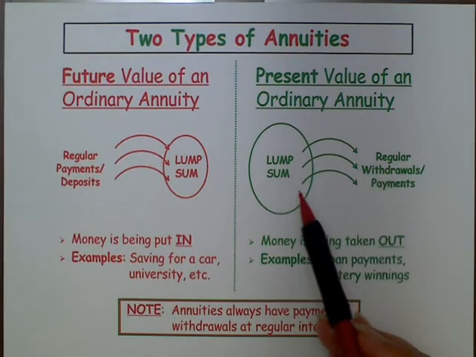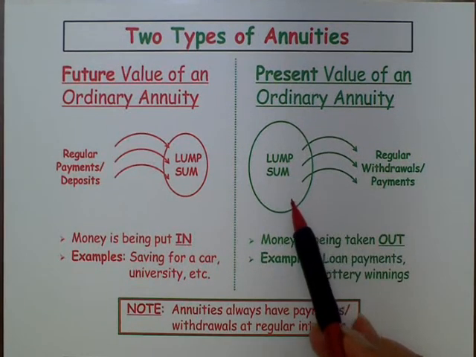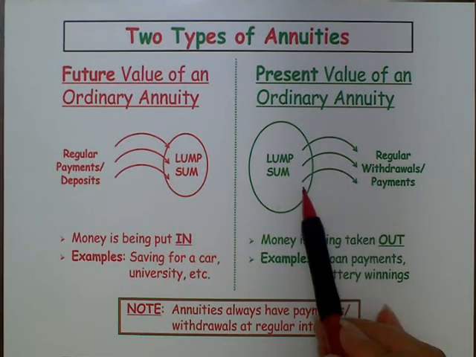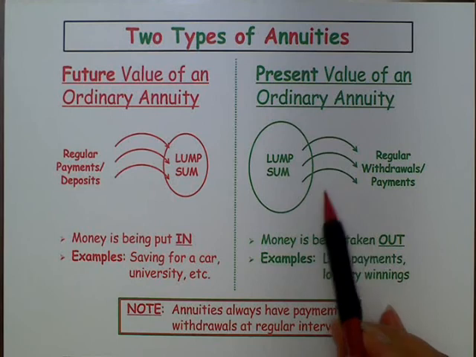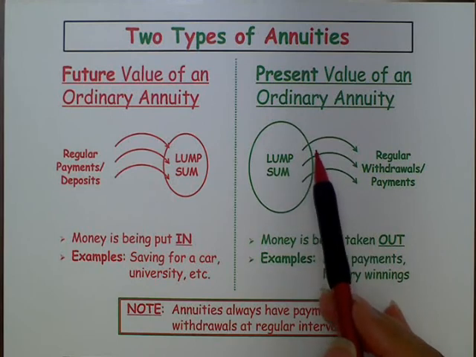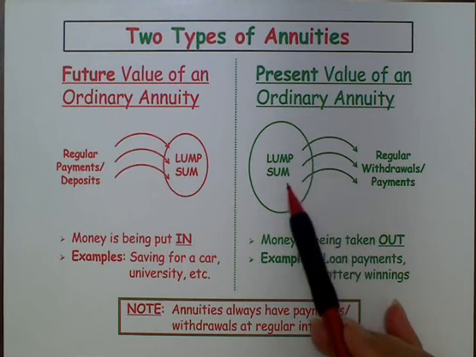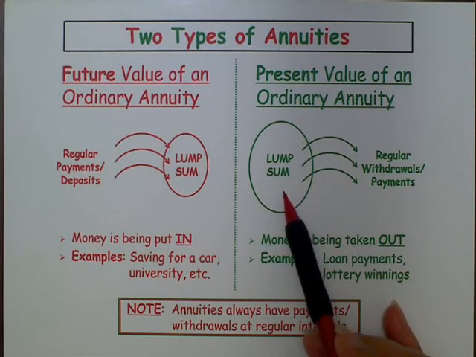In a present value of an annuity, the money is already there, and you are withdrawing it in small chunks. For example, let's say you have $20,000 in your account for tuition, and you plan on taking out $5,000 at the end of each year for 4 years. That's a present value of an annuity.